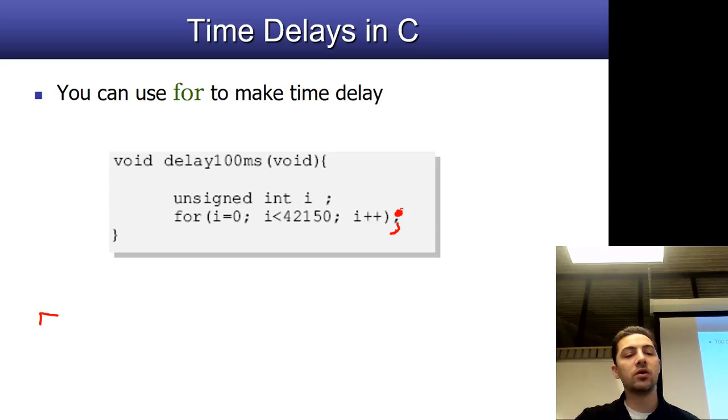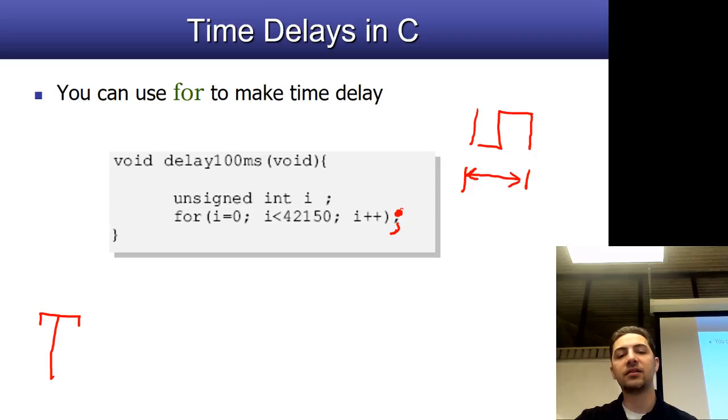You guys should have seen this at some point, but capital T is the period of, say, a square wave. That amount of time. The period, tau, is equal to 1 over the frequency.